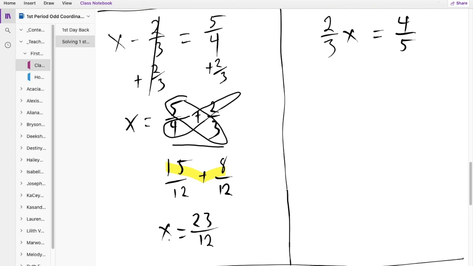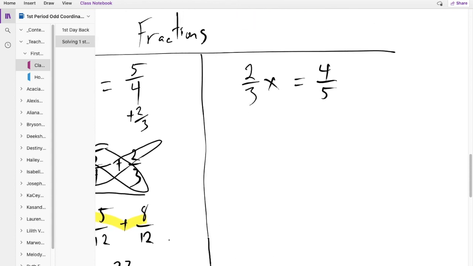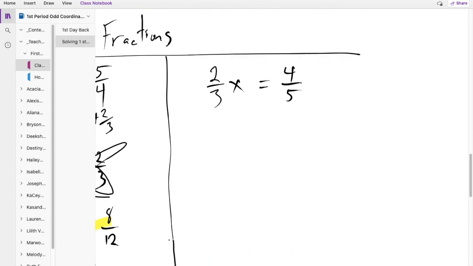So let's try the next problem. We have 2/3 times x equals 4/5. This time around, I'm not adding or subtracting, I'm being multiplied. So the opposite of multiplication is division.